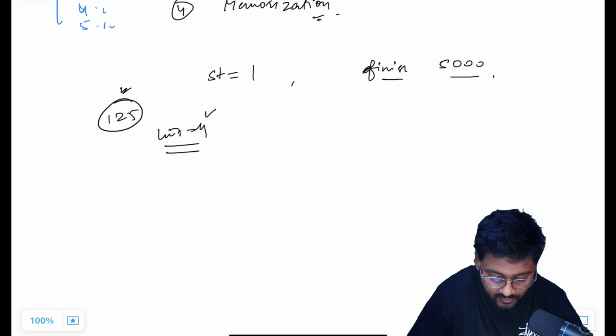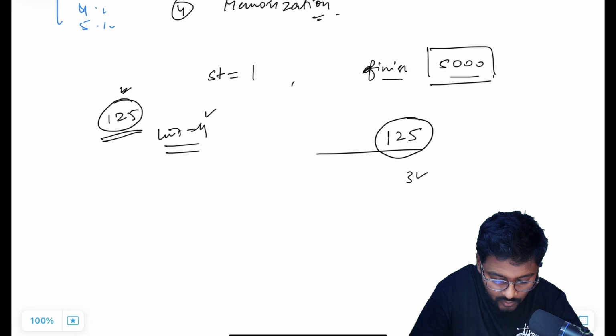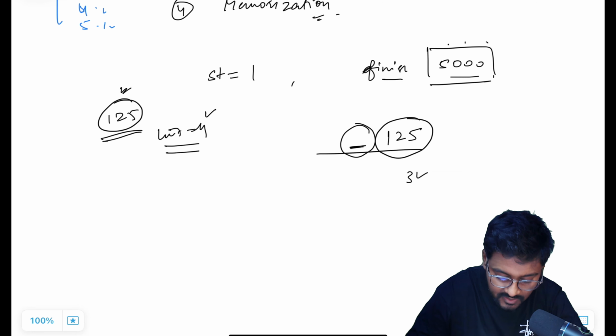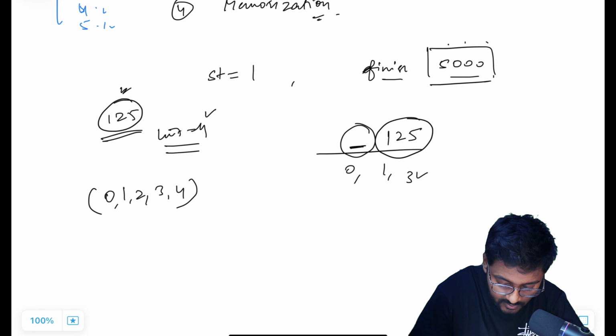The suffix is 125, so there is no need to calculate the suffix. Whatever answer we are going to get, we should have the suffix at the end. If 3 digits are already filled, maximum we can go till 4 digits. So just add one more space here and try to keep adding digits from this limit. Limit is 4: 0, 1, 2, 3, 4. So firstly add 0 here, then 1 here, then 2 here, then 3 here, then 4 here.